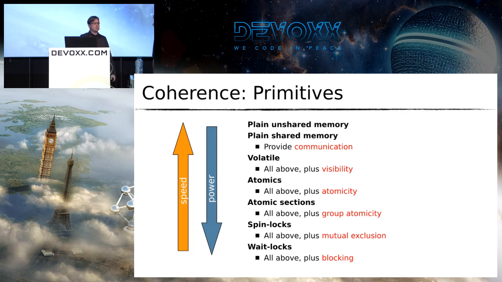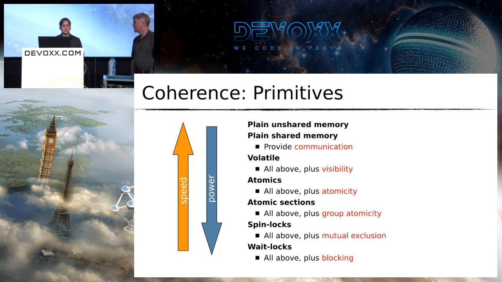You might as well mark it as volatile, because it's the least powerful primitive that brings you that effect without the incurred performance penalty of locks. Same goes with the atomics and whatnot. So you have to keep this picture in mind, and when you're selecting the primitive that you're using, select the least powerful one which still meets your application needs. But you have to make sure that you pick the appropriately powered one.